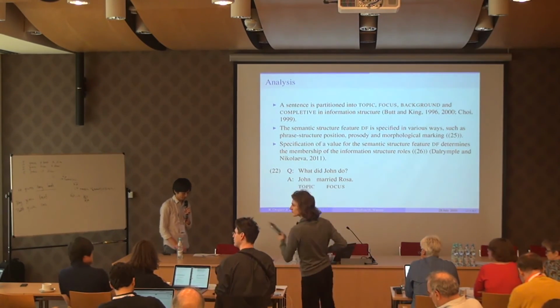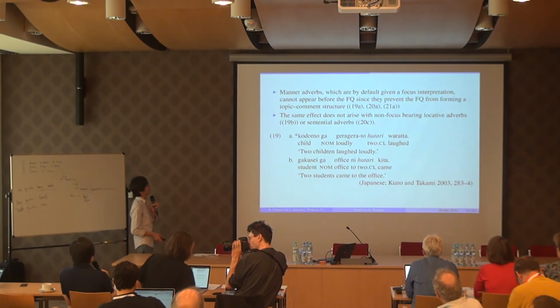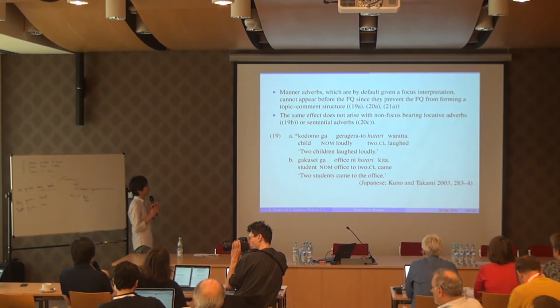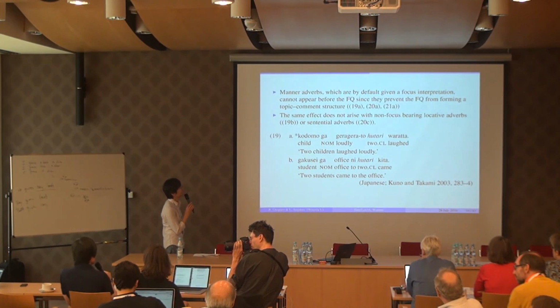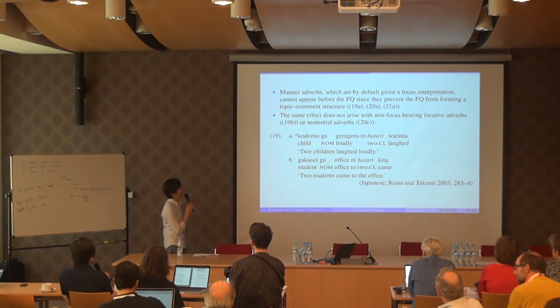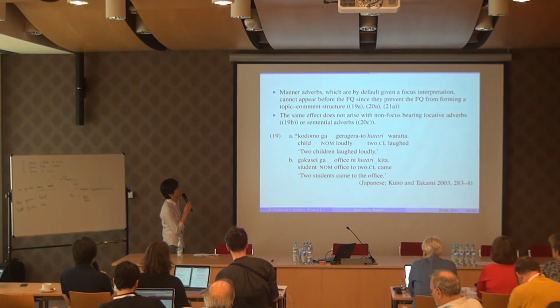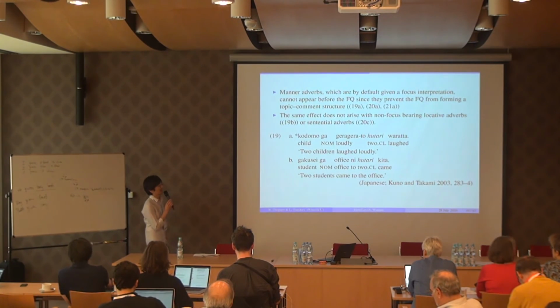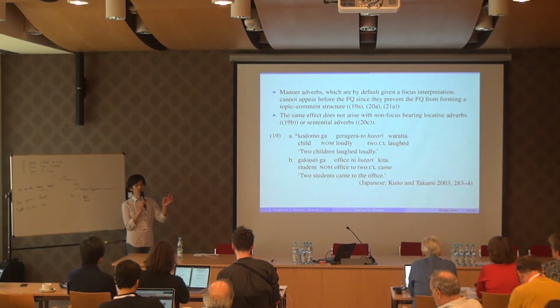I think sentence 19b can be used as a response to a question like, what kind of people came to the office? In which case, the subject noun phrase looks like a focus, and the quantifier is okay there. The implication underlying the question is the types of people, and that's the focus part.